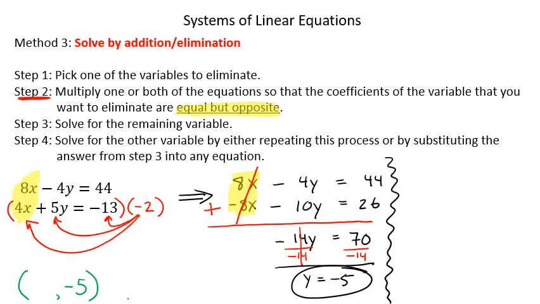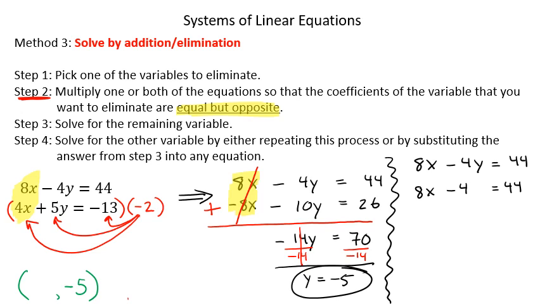So if we look at that first equation in our original problem, 8x minus 4y is equal to 44. Well, we no longer need the variable y. Why, you may ask? Well, we know what y is.